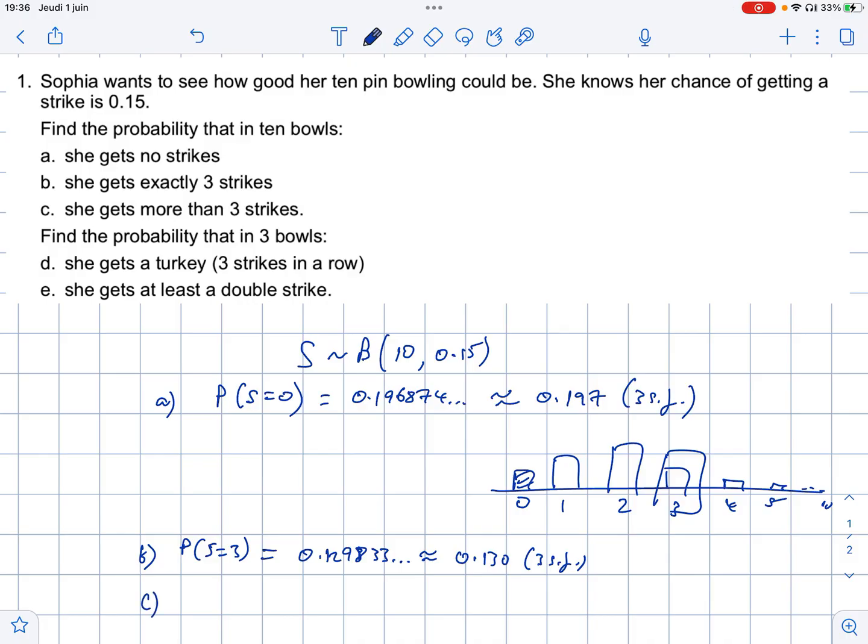Part C, she gets more than 3 strikes. So more than 3 strikes, that's 4 or above. So to get 4 or above, CDF now, for between, so that's 4 up to 10.